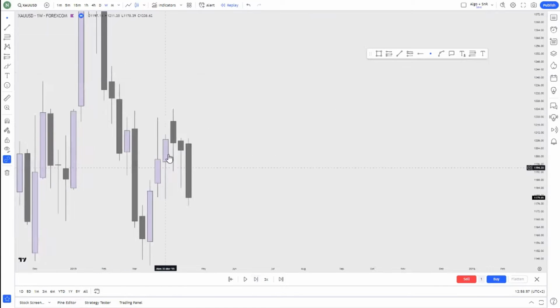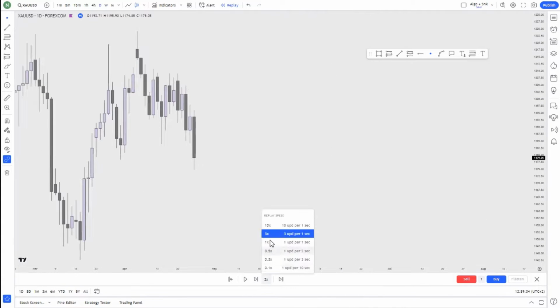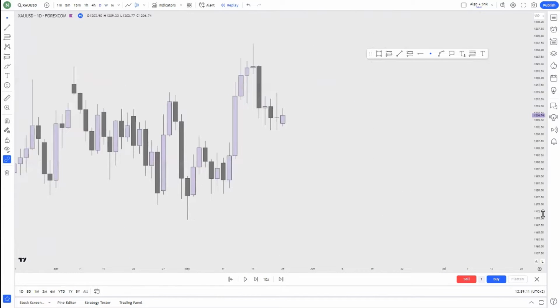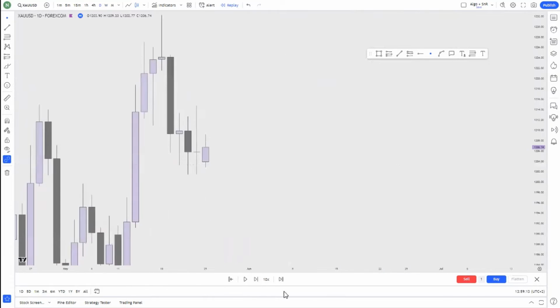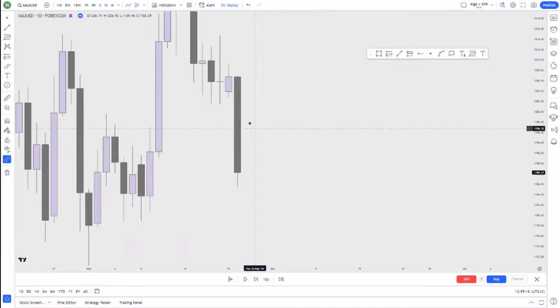I'm going to skip this one because the way that it was formed right here is just going to confuse a lot of people. Let's just skip ahead a little bit. Looking at this, let's start right here. This is the first candlestick.